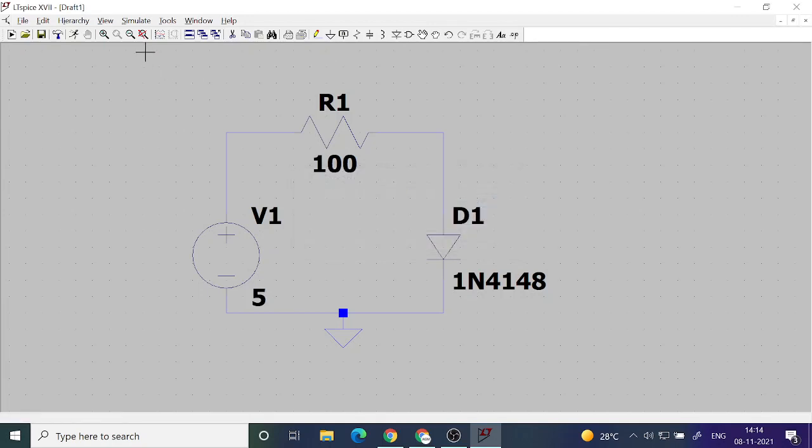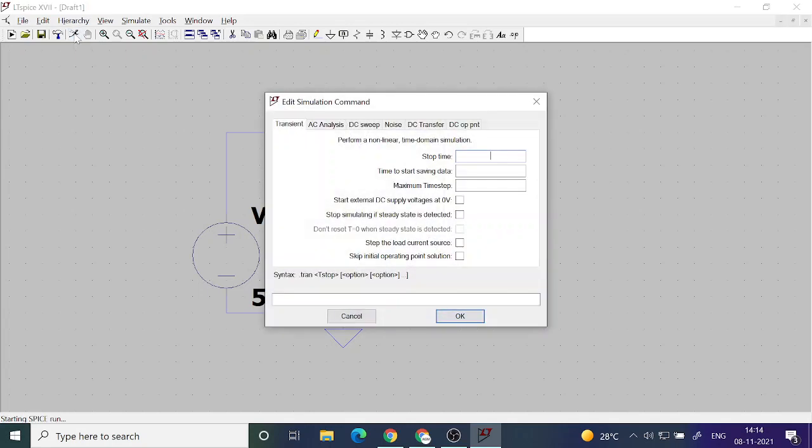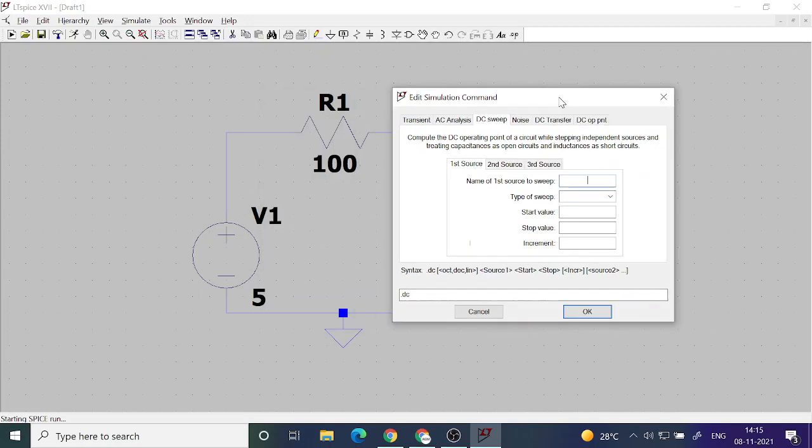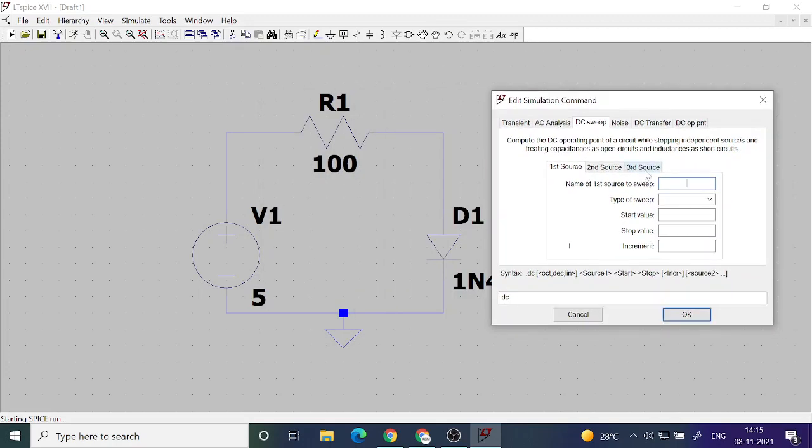And then I'm going to run it. So you have to choose the DC sweep. For varying the voltage you choose the DC sweep. The starting voltage you can specify, you can go from negative to positive.